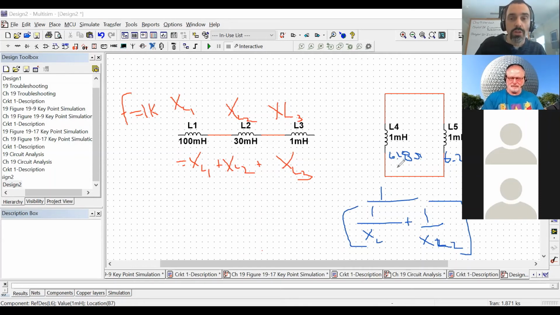Since we only have 2 inductors, can you just do the multiplication together? Can you do it this way? Could we do it that way instead?